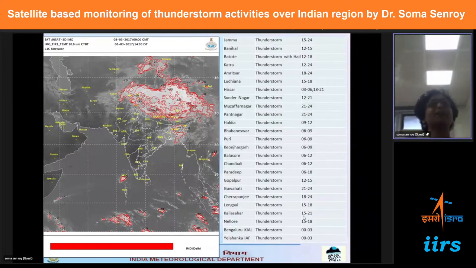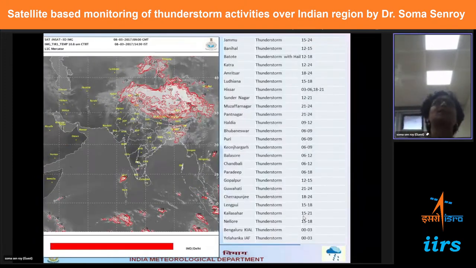But convection might happen without thunder for even 280, 290 Kelvin. So purely warm clouds, say the west coast, North India, you might get warm clouds also giving you rain, and that will not be detected. But yes, thunderstorms, this has a better understanding.